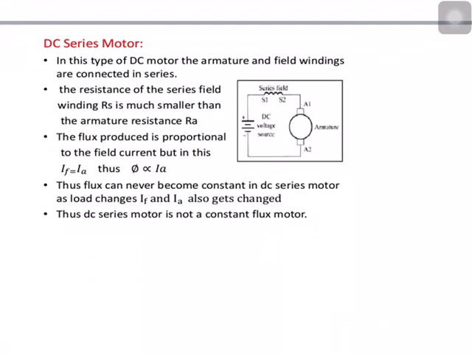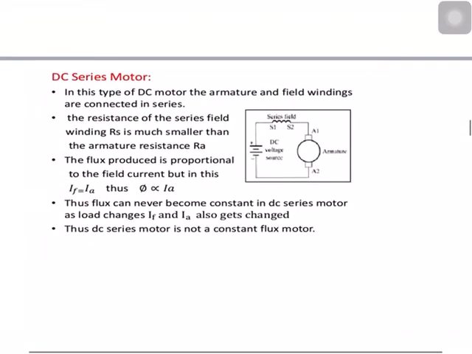The resistance of the series field winding Rs is very much smaller than the armature resistance Ra, and the flux produced is proportional to the field current, but here If equals Ia, so phi is directly proportional to Ia. The flux can never become constant in a DC series motor. As load changes, If and Ia also change. So this DC series motor is not a constant flux motor.